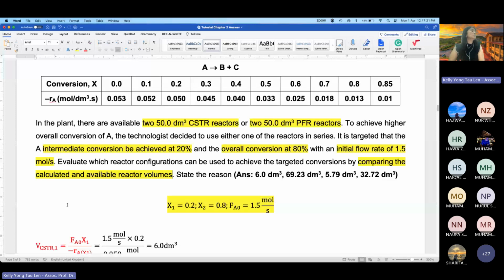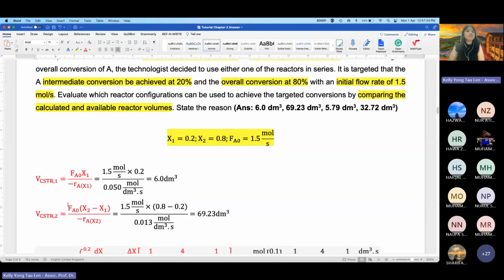So let us go to CSTR first because CSTR is always the easiest one, right? So for CSTR1, the volume is given by the equation FA naught X1 per minus RA at X1. My FA naught is given as 1.5. My X1 is 0.2. Remember, in my first reactor CSTR, they are converting from 0 to X1.